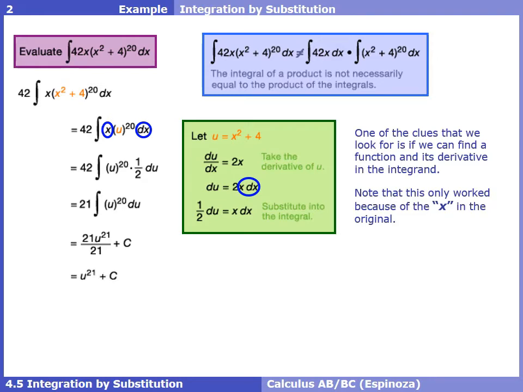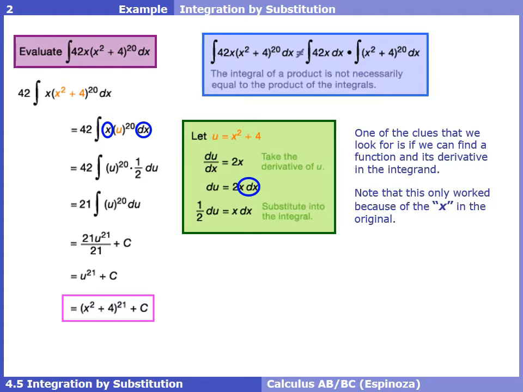The 21s, of course, would cancel out. And the integral that we find, or the antiderivative, is u to the 21st power plus c. If we take the u that we originally called up here, x squared plus 4, and plug it in, we get a final answer of x squared plus 4 to the 21st power plus c.